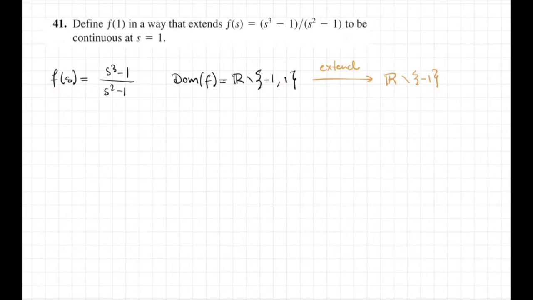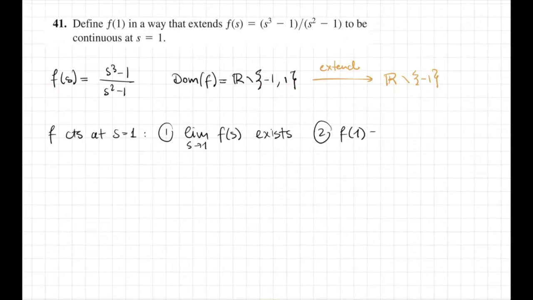How can we do that? When is f continuous? F is continuous at x equal to 1 means that we have a limit there. Let's say it exists. And the value of the function at that point is equal to the limit. So what is the limit? Let's check that.